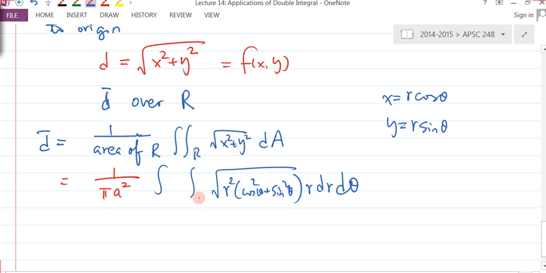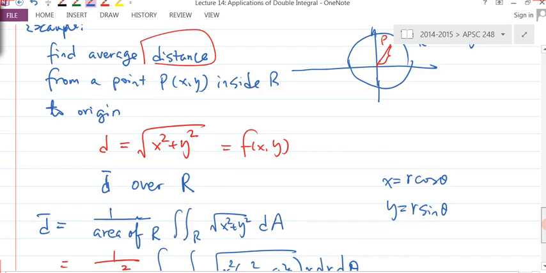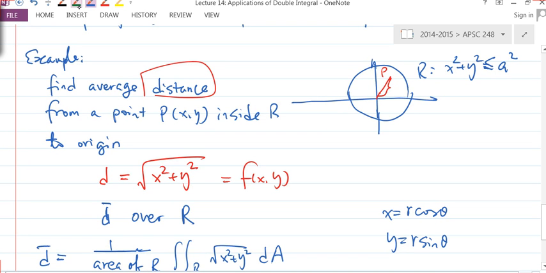And for the limits, because it's a polar coordinate and this is the region here, as we have been saying, you draw a reading line starting from the origin across the region R. The first contact gives you r min, the second contact gives you r max. The first contact is the origin, 0. The second contact is the boundary, a.